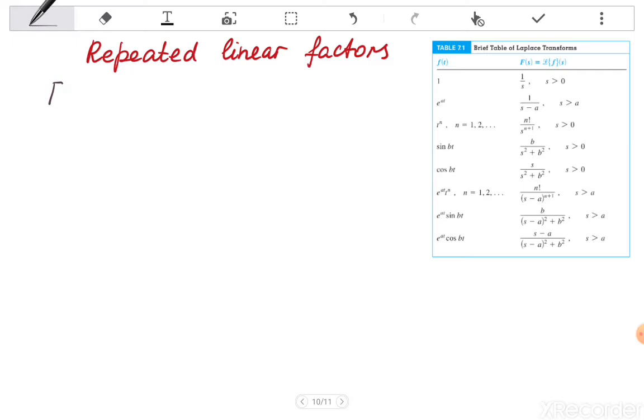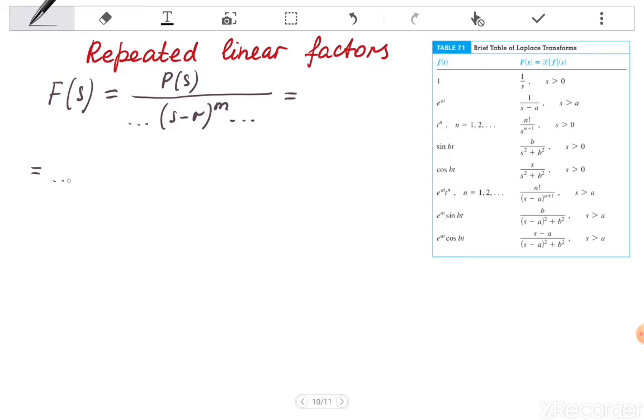If your function F(s) is a fraction which contains some polynomial in the numerator, and in the denominator it has a factor (s minus r) to the power m, where we assume that m is the highest power of this bracket (s minus r) in this factorization. In this case, this fraction can be expanded as follows.